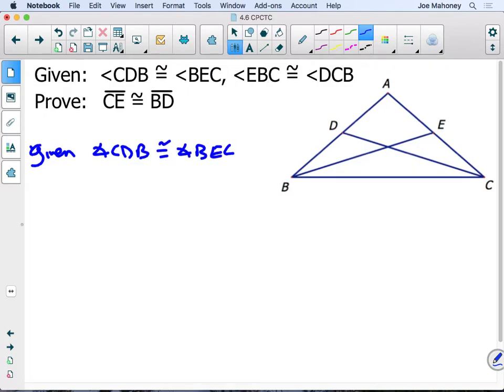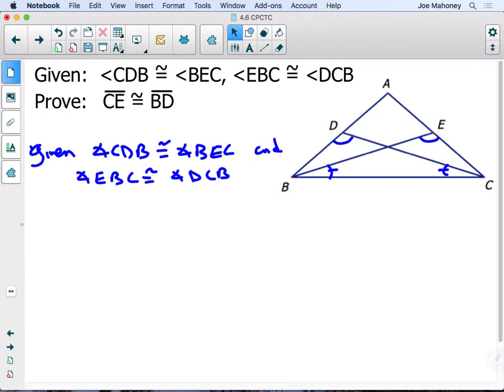Let's mark that down. And we're also given that angle EBC, that little angle there, is congruent to angle DCB.